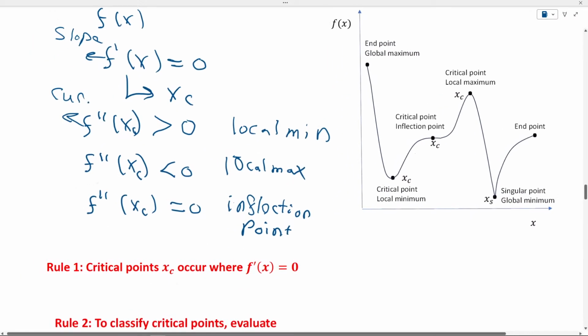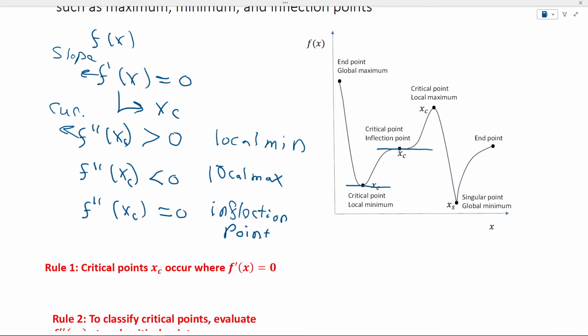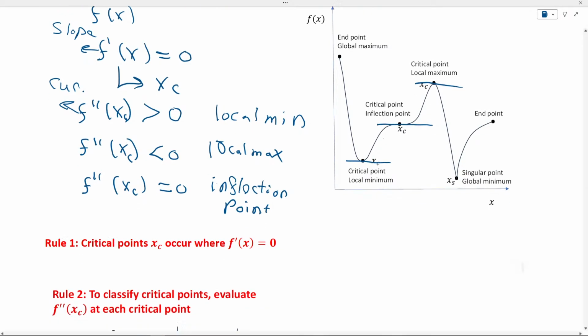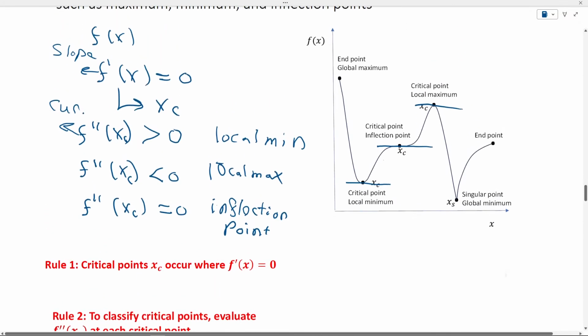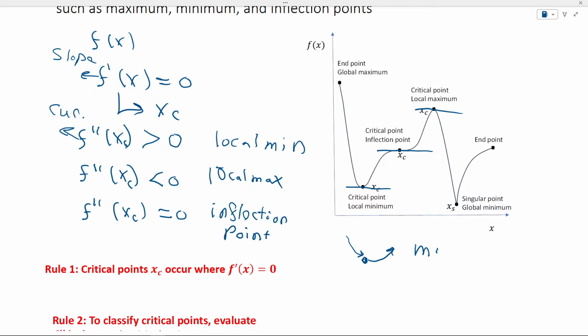Here is rule number 1: critical points occur where the slope is equal to 0. Rule number 2: I can classify these critical points by substituting them into my second derivative. If my second derivative is positive, after my point I'm going up, so I'm curving up, which means this is a minimum.